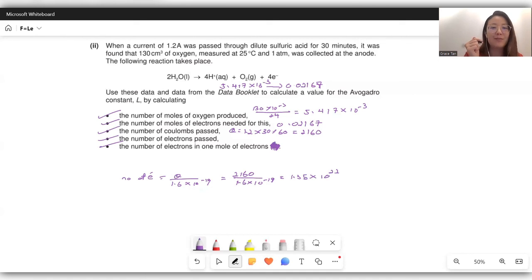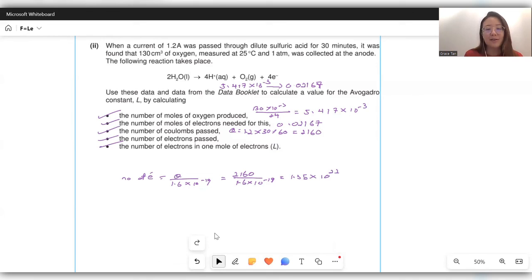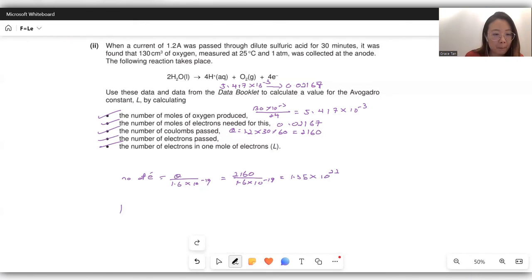If you do not know what it means, it's okay because the examiner already put the bracket L. Now, even if the examiner gave L, a lot of students will start to think of F divided by E, which is your experimental Faraday constant, and then students don't know where to get the F. E, they know is 1.6 times 10 to the power of -19.